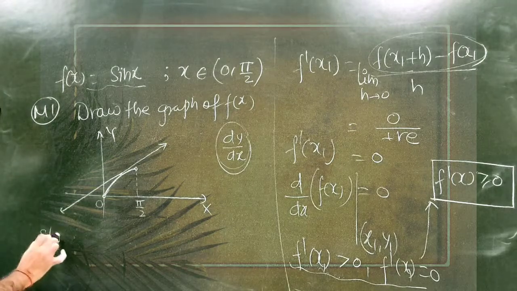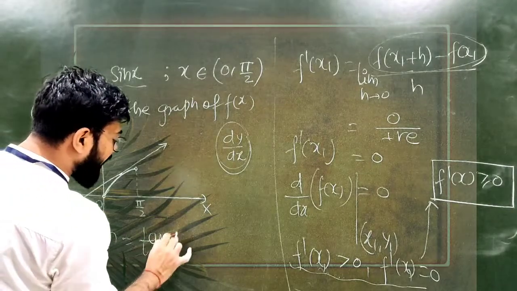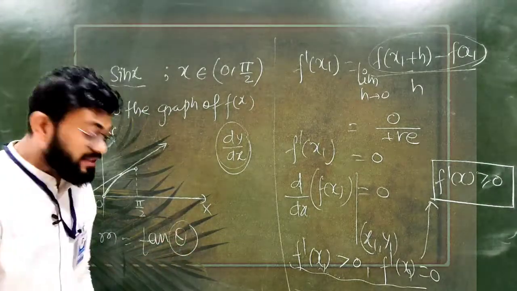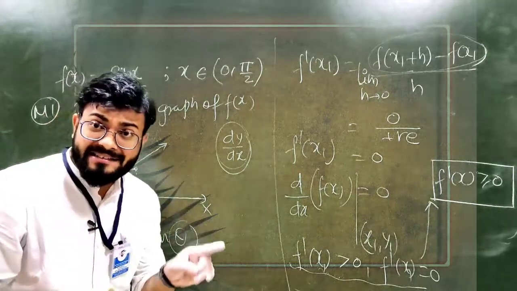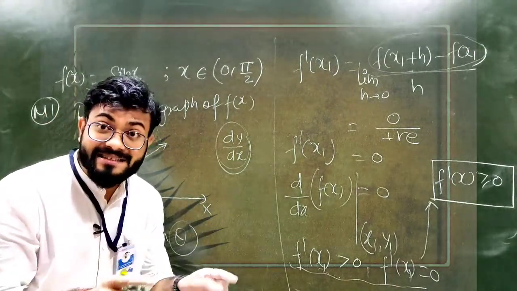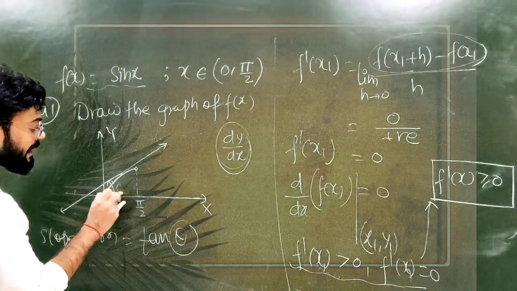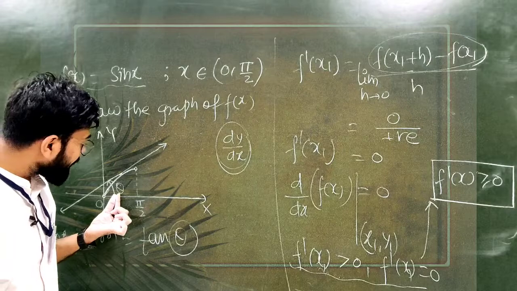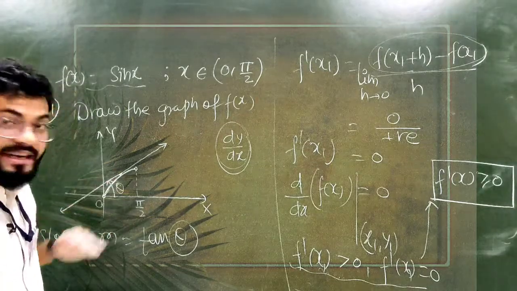What is slope, sir? Slope means m. m means tan theta. And what is theta? Theta is the inclination between the tangent line and the positive x-axis in the anti-clockwise direction. So this angle is theta. What is the value of theta? Sir, I don't know, but we know that the value of theta is between 0 and 90.